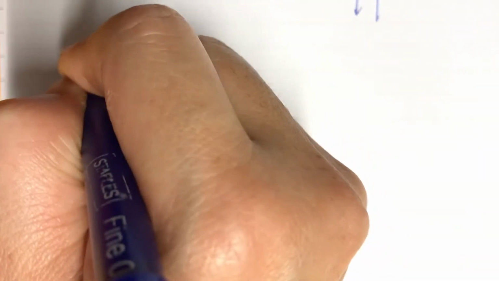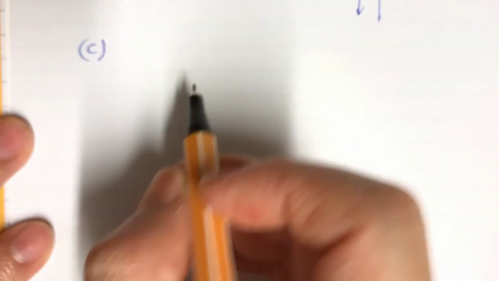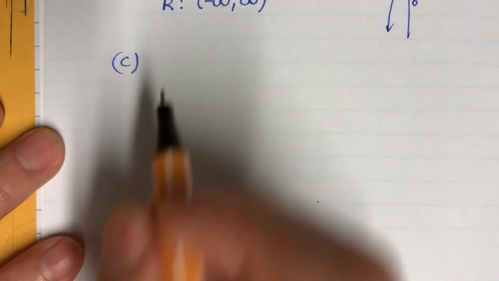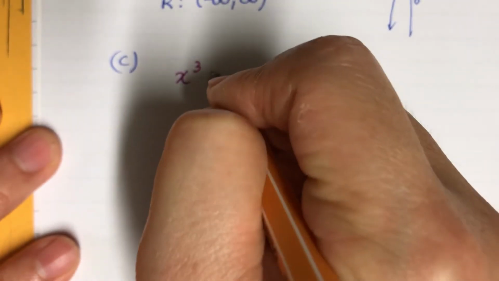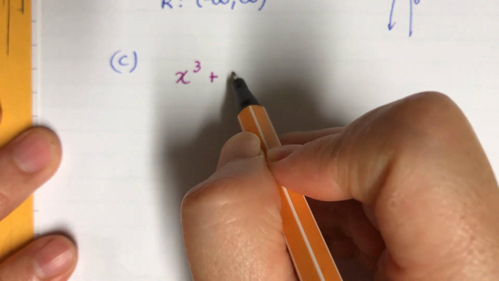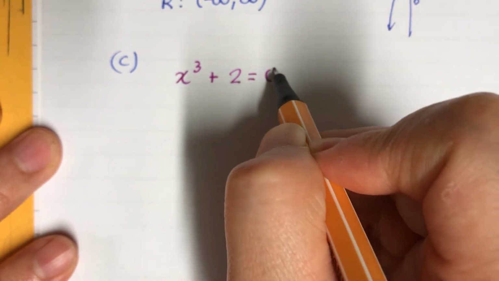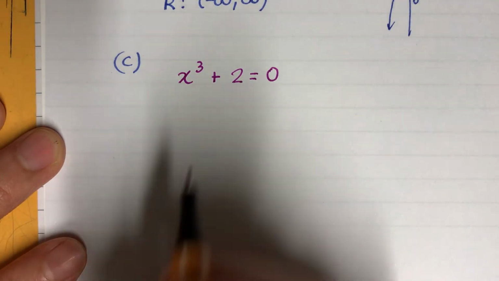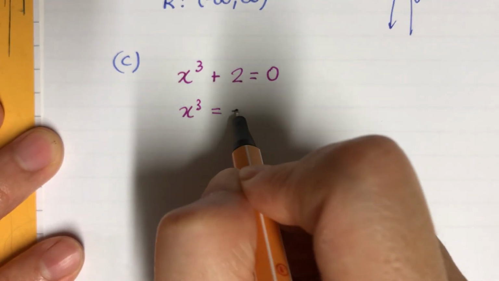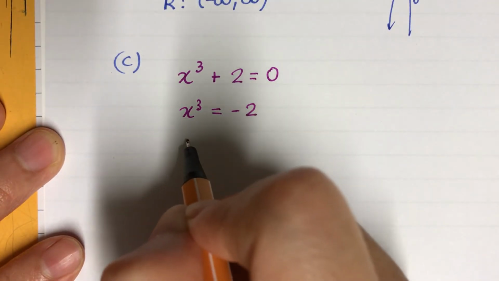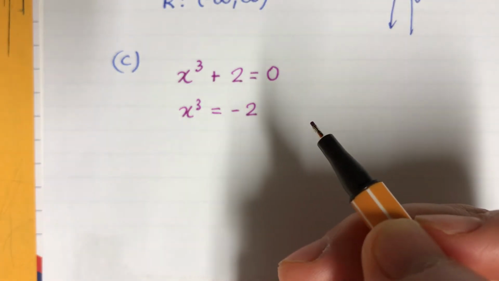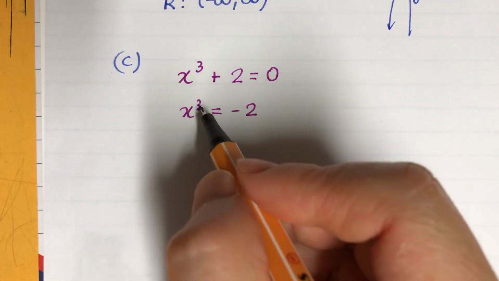Now C, it says solve. Now when the question says solve, you have to find the values of pronumerals, which is x here. I'm going to move this a little bit so that you can see better. x cubed plus 2 equals 0. Okay, so I'm going to move this minus 2, and now some students might have a question, how do I do this?